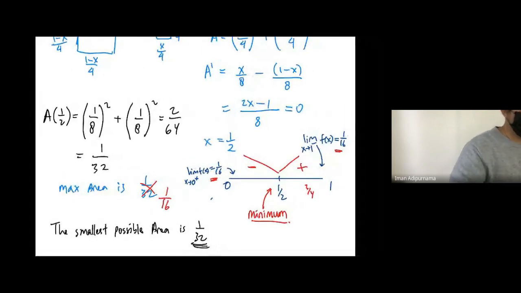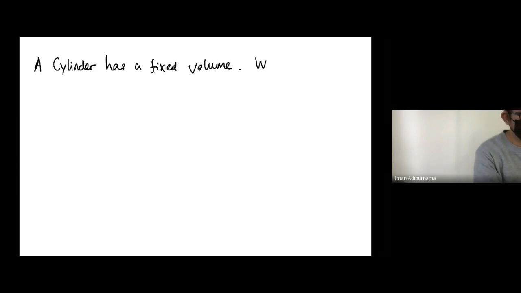Okay, let me give you another question here. A cylinder has a fixed volume. This is not really having any number, but just mentioning it has a constant.